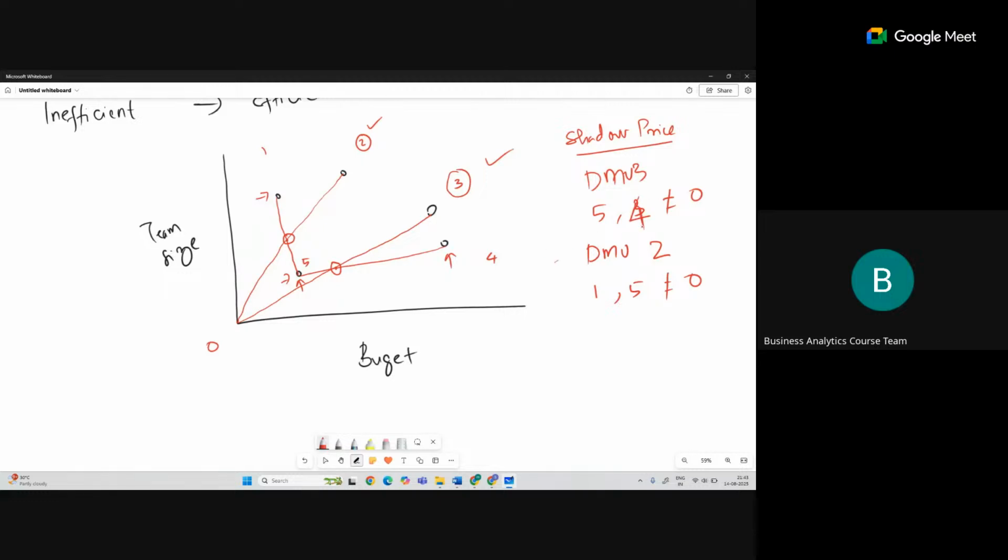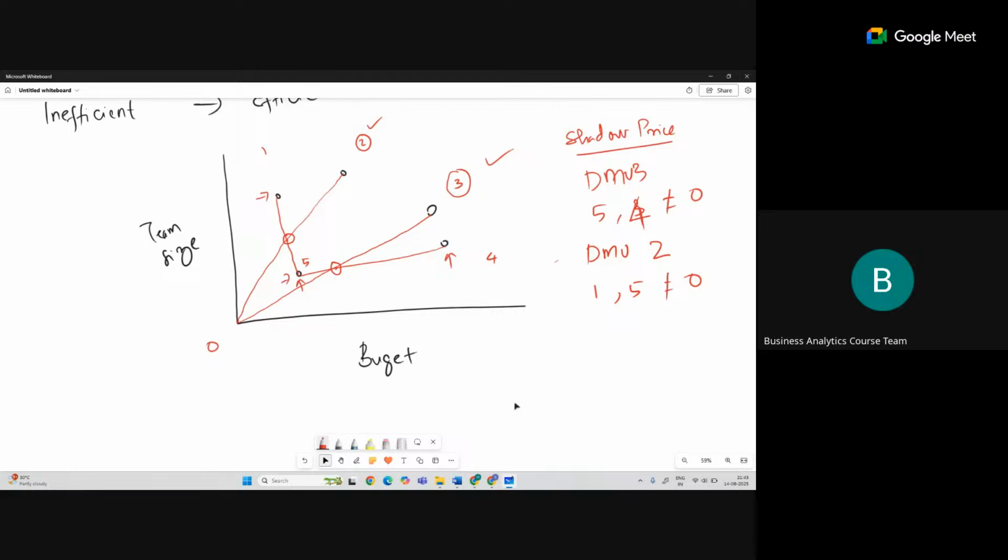All right, so this is the theory behind DEA. Is the theory clear? What did we see? If you have to summarize DEA, we want to maximize the efficiency, and efficiency is a ratio of output by input. First we are linearizing the problem by equating the denominator to 1, and that is called a constraint.